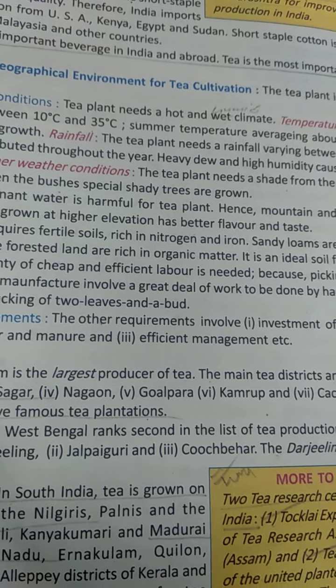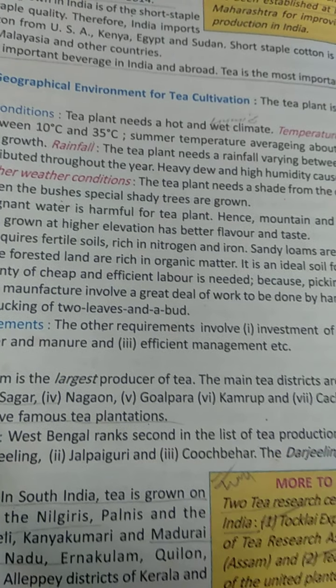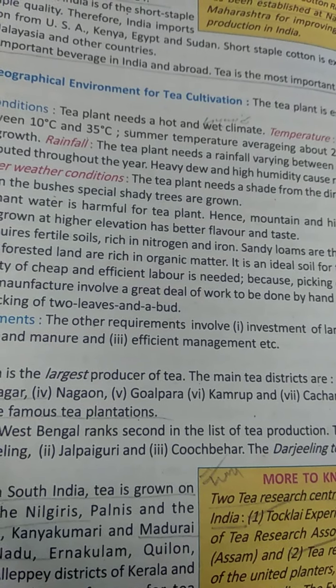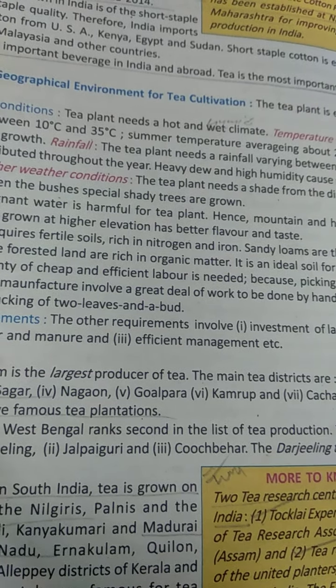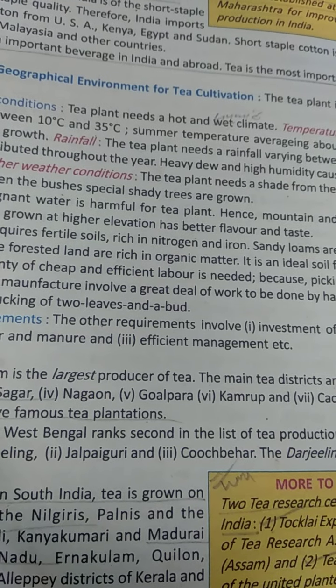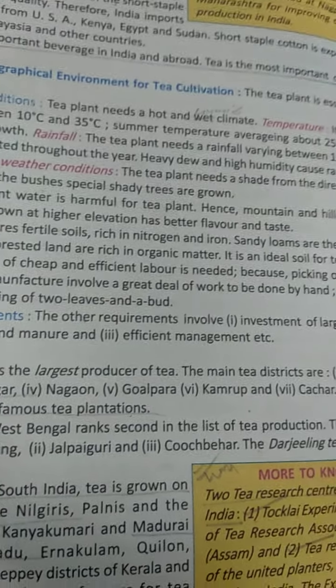Next comes the requirement for money. Capital investment is required. Fertilizer and manure are required, and good efficient management, because if the management is not good, the laborers will not be happy and the work will not go on nicely.